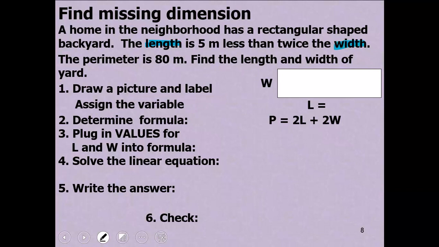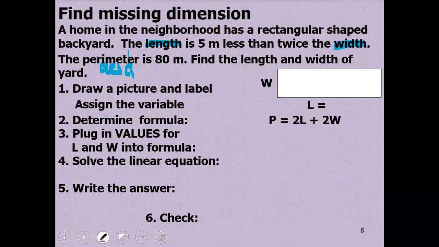So you're going to make an expression for your length using the width as your variable. And then we're told that the perimeter is 80, so that means we're going to add up all the sides. Then we're going to list out what the length is and what the width is of this backyard.